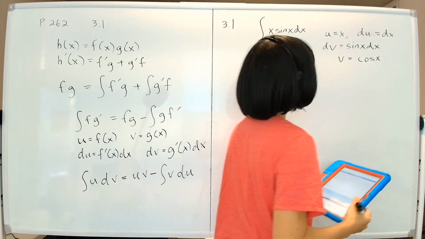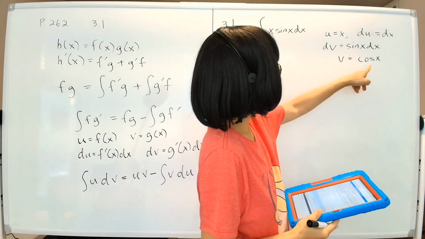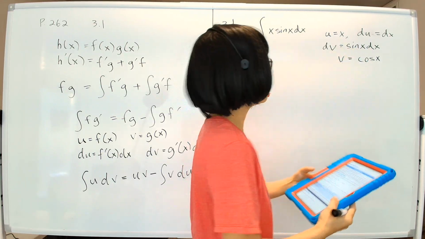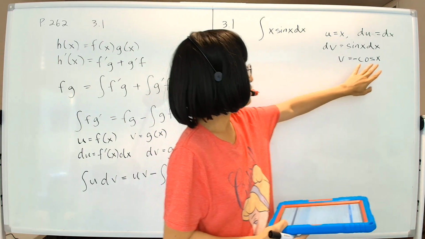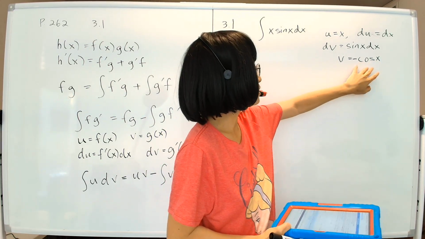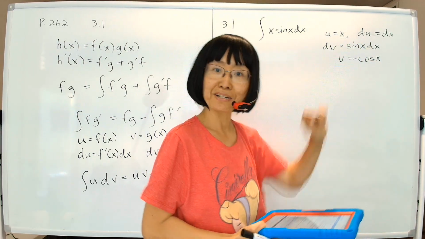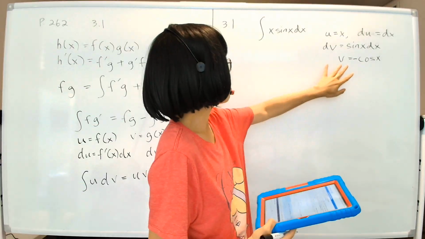So if we stick an extra negative sign here, the derivative of negative cosine becomes positive sine x. So v equals negative cosine x.